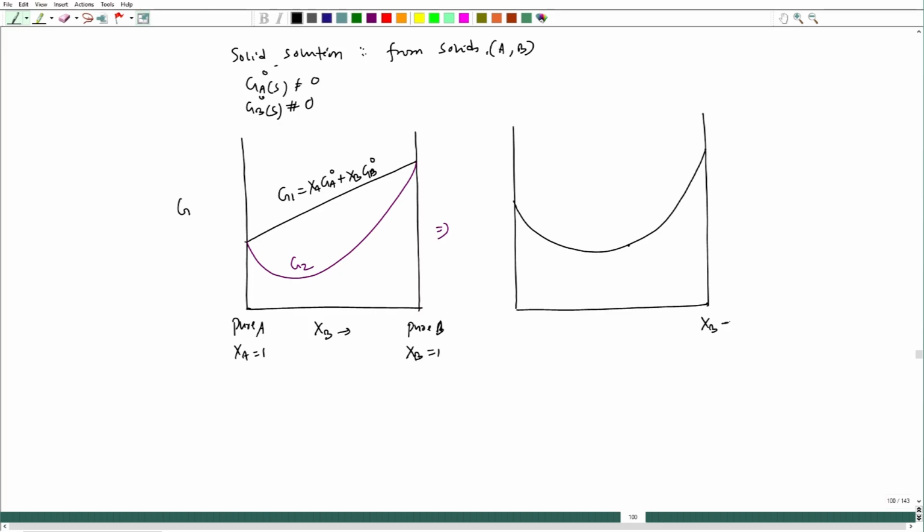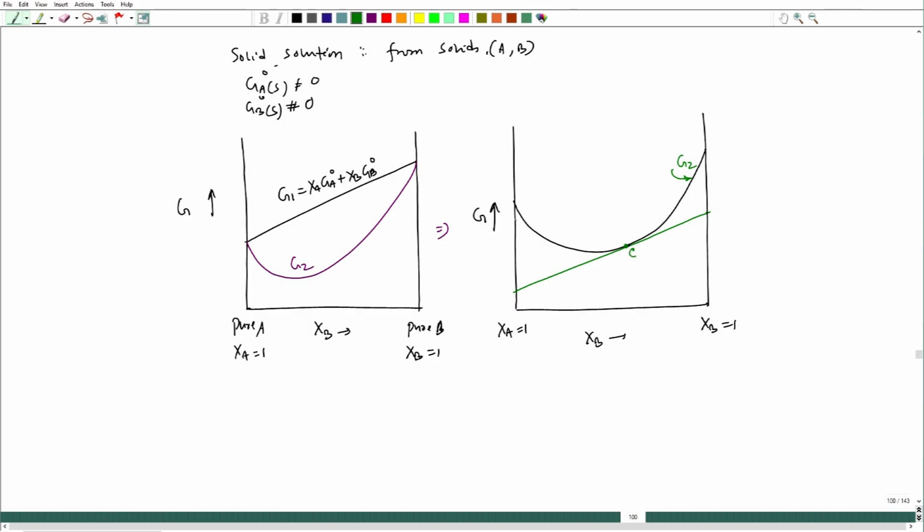This is X B equal to 1, X A equal to 1, this is X B varying like this, this is G, this is also G. Now at this point if I draw a tangent, the tangent will be passing through this. So, let us say this is G 2. Okay. This particular point, let me mark it as C, for composition.